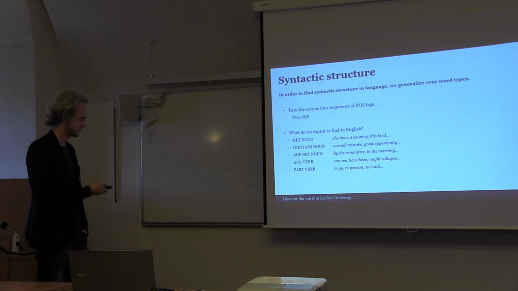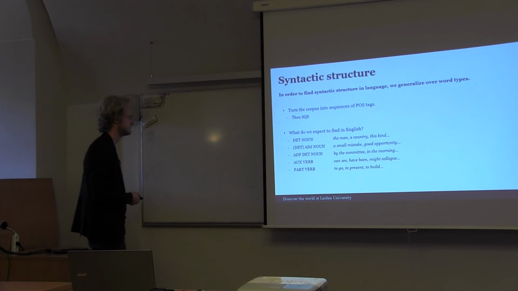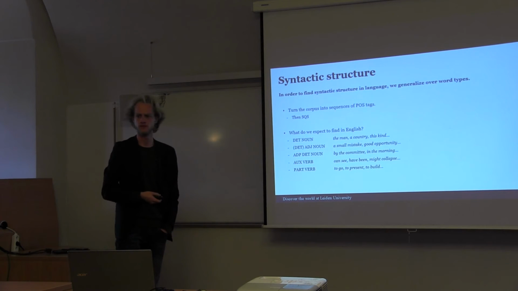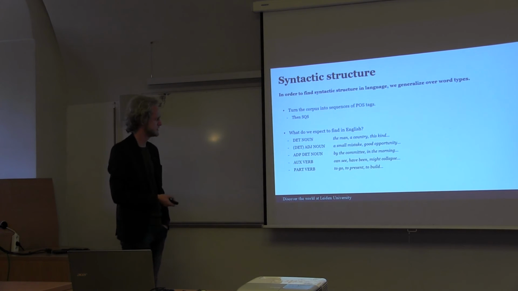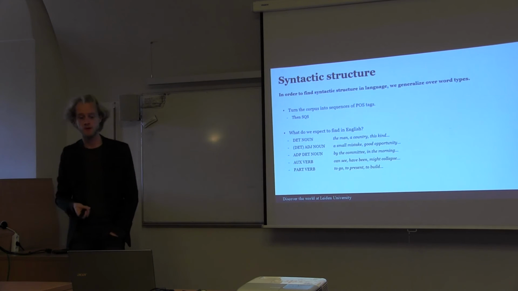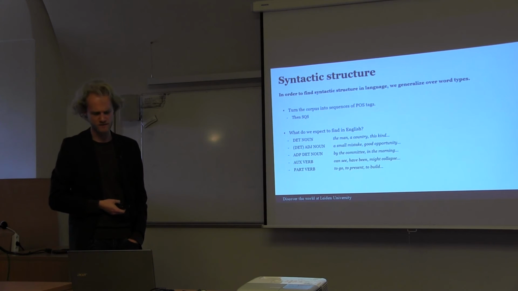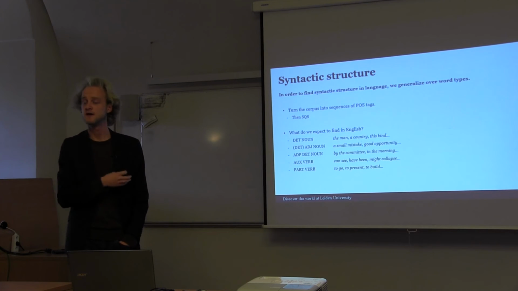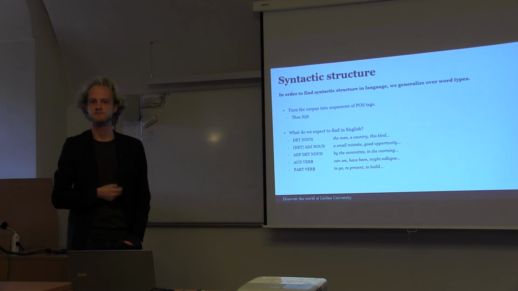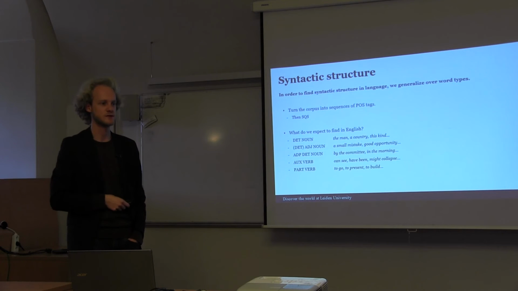Apposition, determiner noun, so an apposition is just a preposition, but more general. By the committee, in the morning. Auxiliary with a verb after it: can see, have been, might have, might collapse, whatever. Particle verb, to go. I think you'll all agree these little chunks are very characteristic of English syntax, English sentences, right?